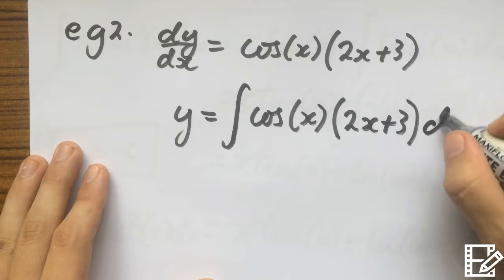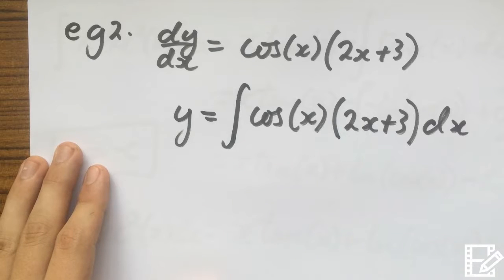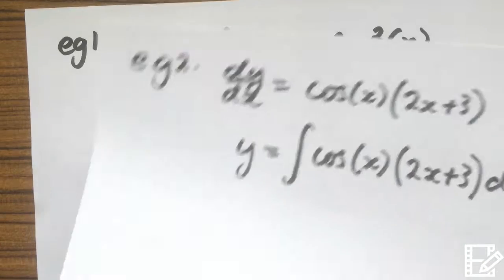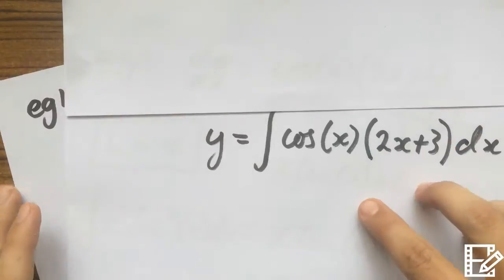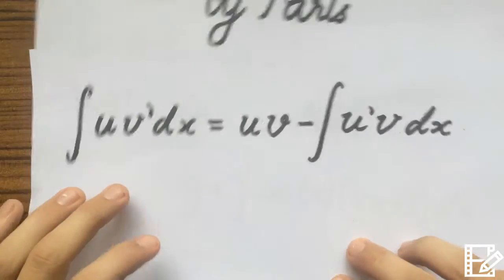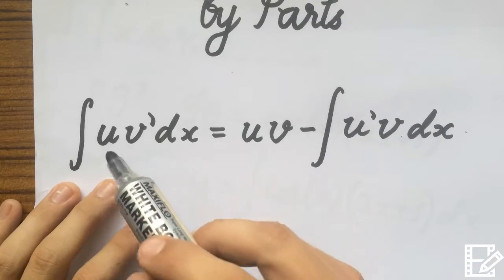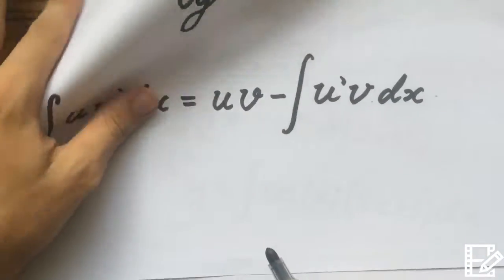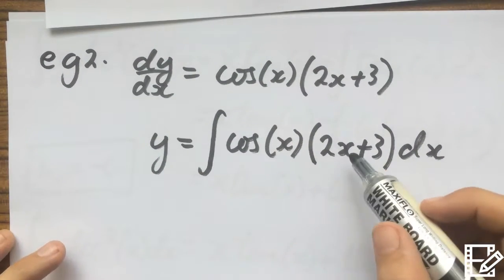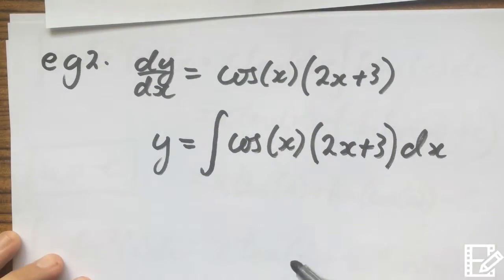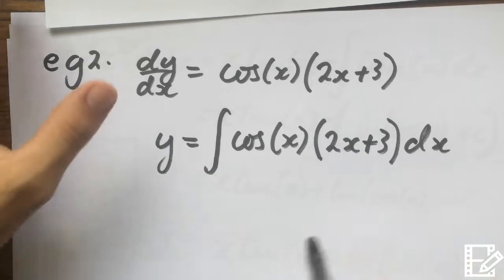Now some people, and the dx, can't forget that. Some people like to think, well, the equation shows u at first and v dash to be second. So it's much easier for me to make cos x u and 2x plus 3 v dash. But think about it.